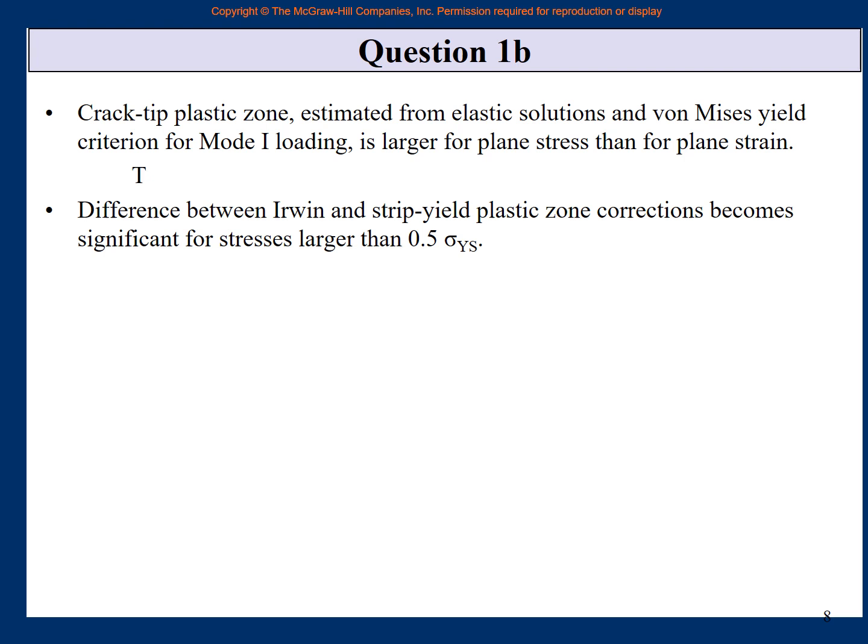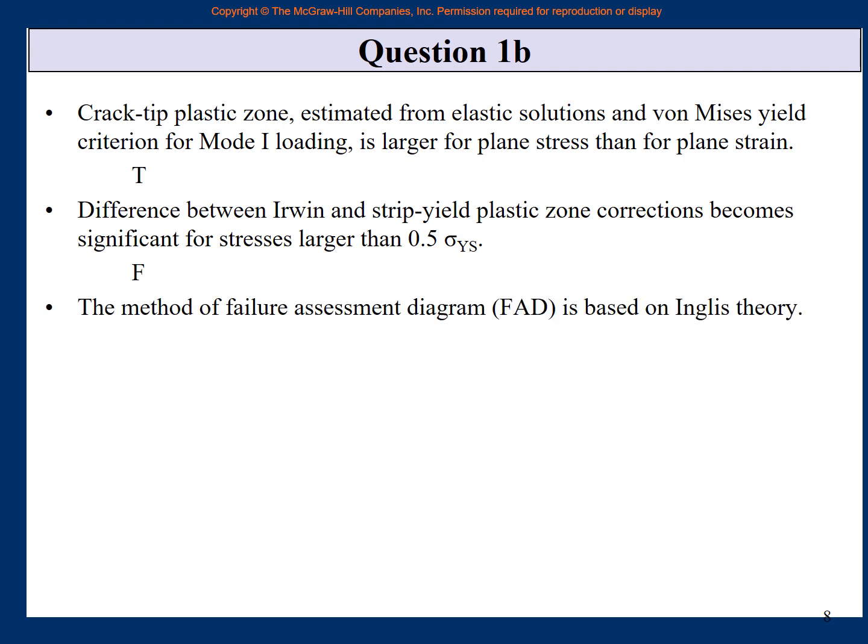Difference between Irwin and strip yield plastic zone corrections becomes significant for stresses larger than half the yield strength. Yes or no? It is false, right? You know the value, right? That for half the yield strength, yes, of course, but you have the comparative graph of these two, and you know that the value is not exactly 0.5 here.